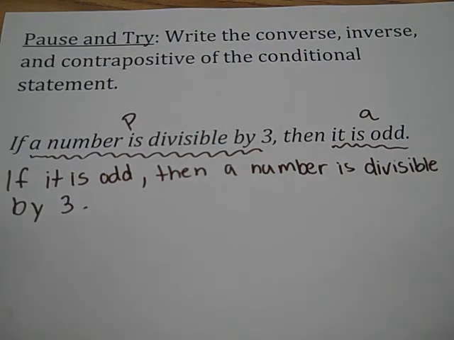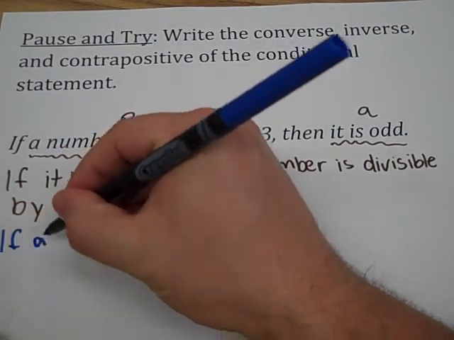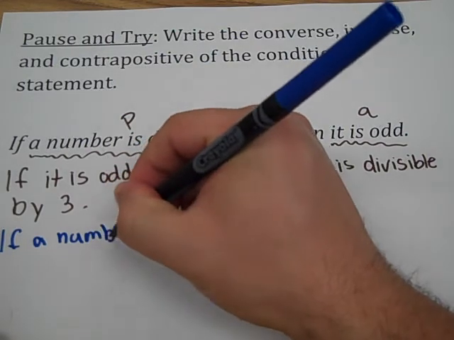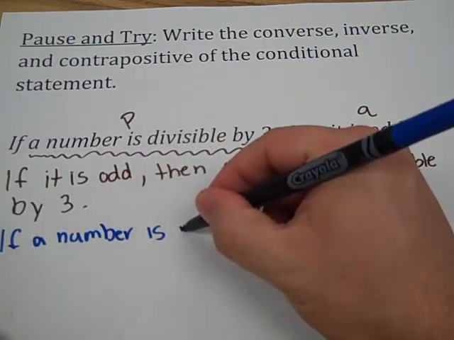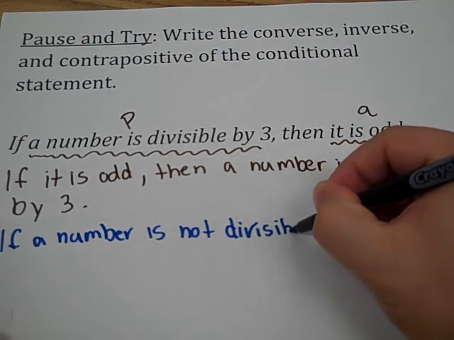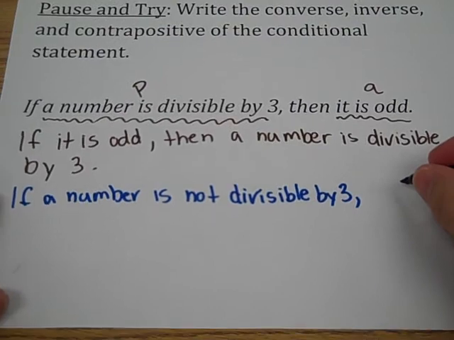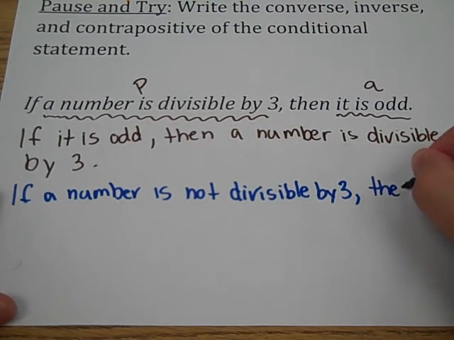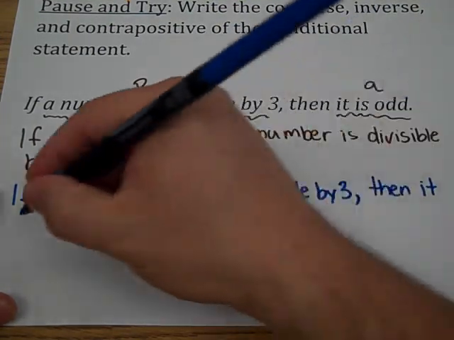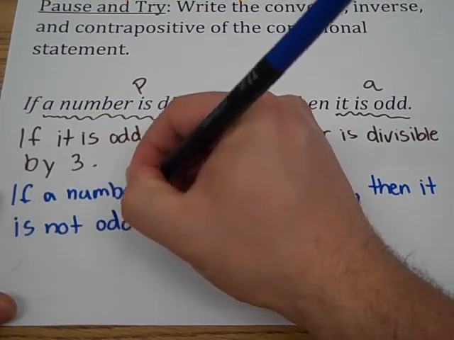In order to write the inverse, we keep P and Q in the same spot, but we negate it. So we can say, if a number is not divisible by 3, so we negated P, then it is not odd.